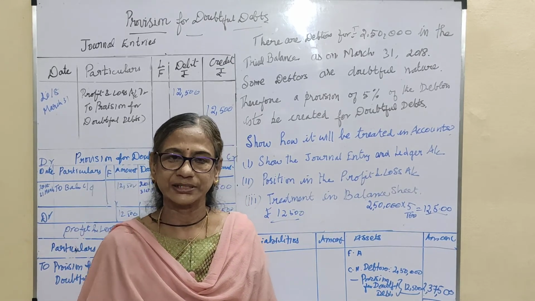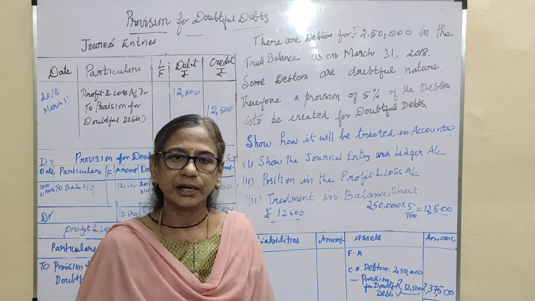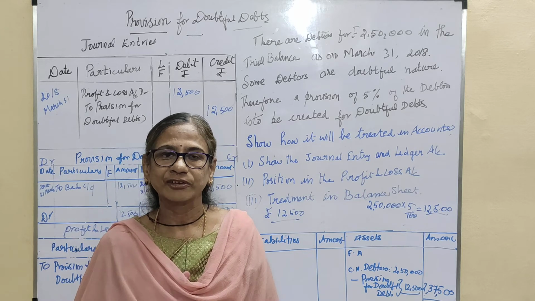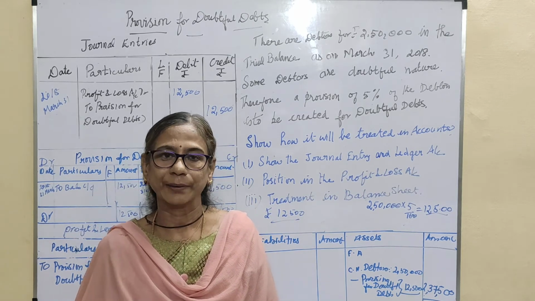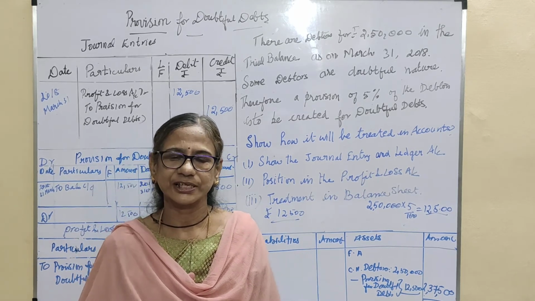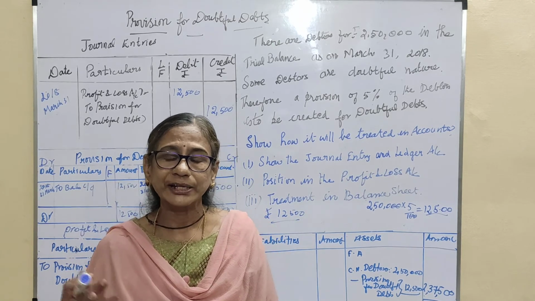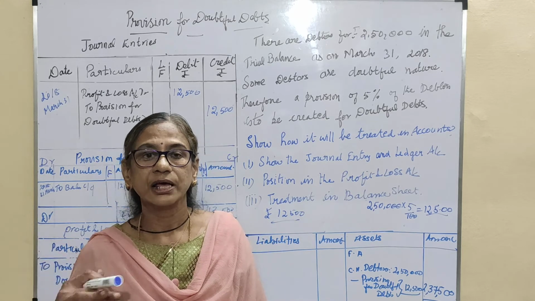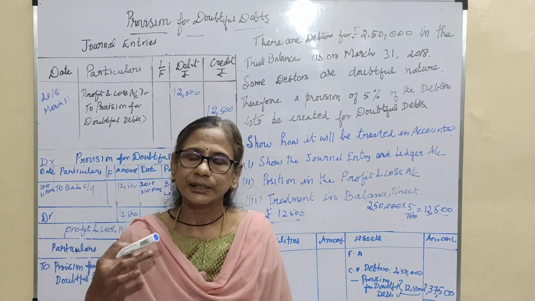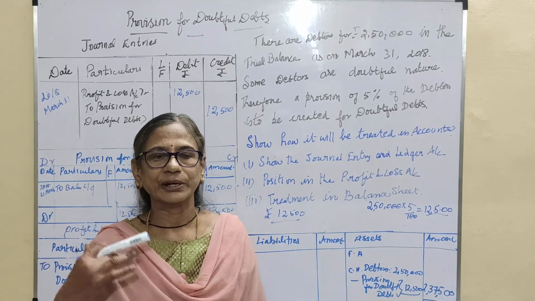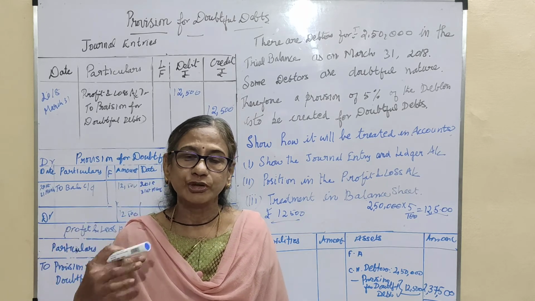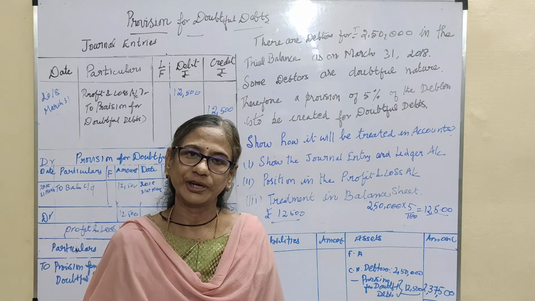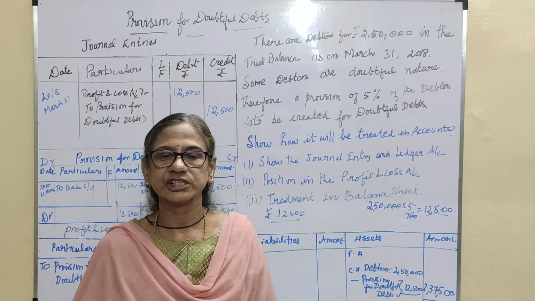The law of conservatism makes the business organization stay on the safe side. In order to meet future contingencies or liabilities, they create provisions such as provision for depreciation. Why are they providing depreciation? At the time of disposal of the asset, the depreciation provided will be used for the purchase of a new machinery.